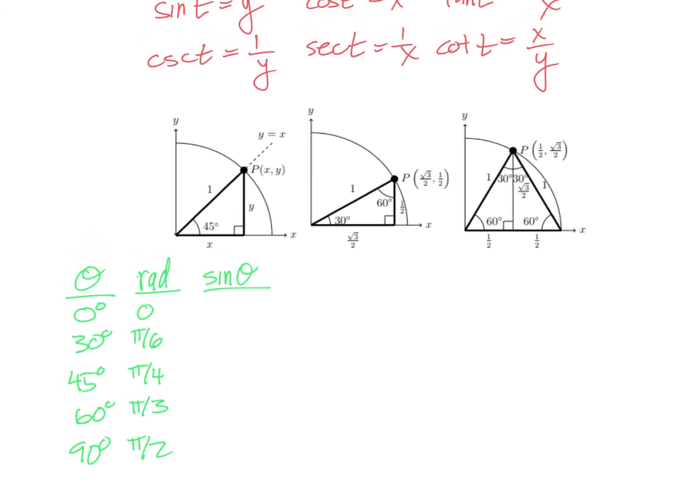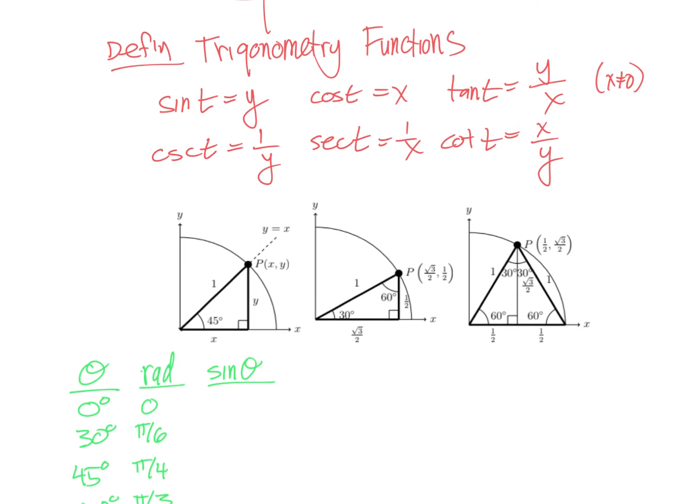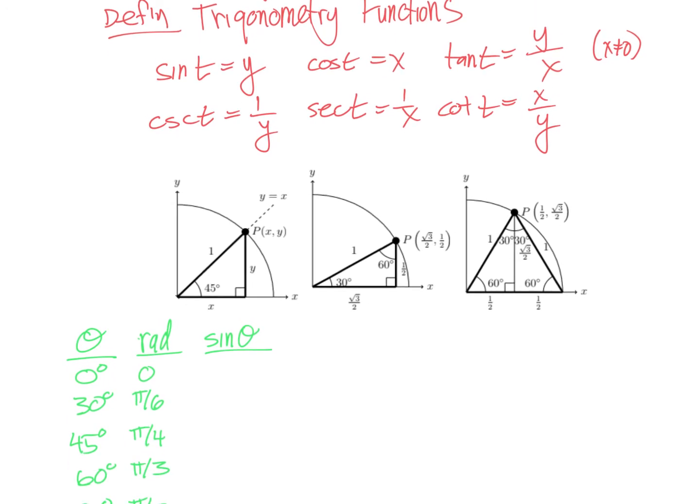So to calculate what sine is, we'll refer to this right here. Sine is just the y values. So if we're looking at 0 degrees, essentially we're just looking at straight across. And so what we have is the point P of x, y, and this is a unit circle, so it has a radius of 1.